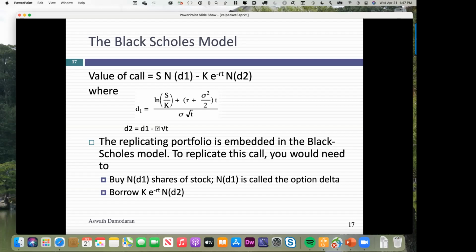We often plug numbers into the Black-Scholes, get the option value, and throw the model away, but embedded in the model is very useful information about the replicating portfolio. If you've ever been around option traders, they love to use the Greek alphabet. So option delta, theta, gamma, omega, basically they've taken over the entire alphabet. You know that everything in option trading is about this replicating portfolio? You know what the option theta is?